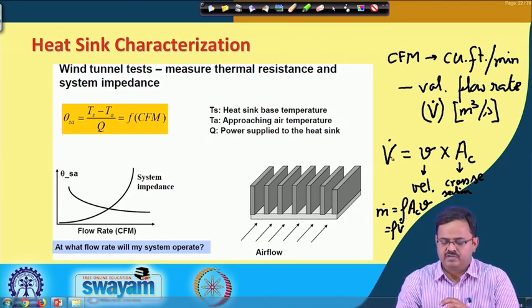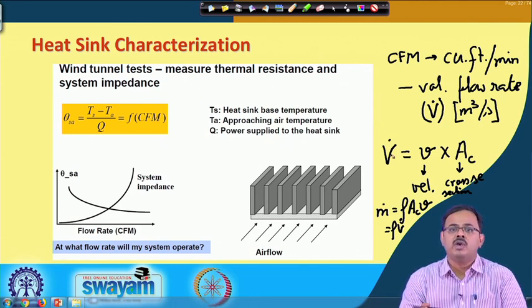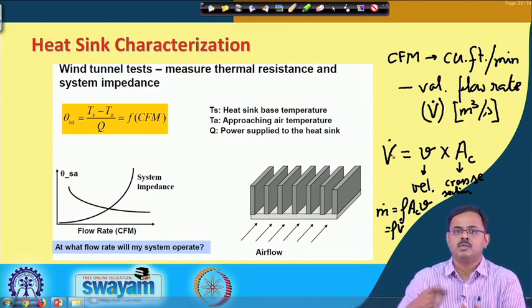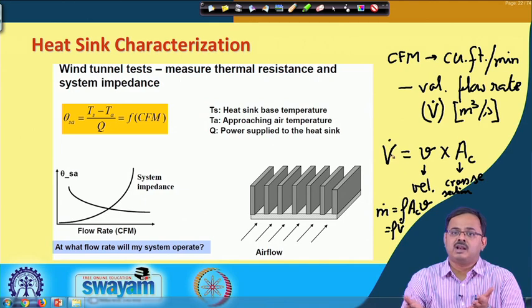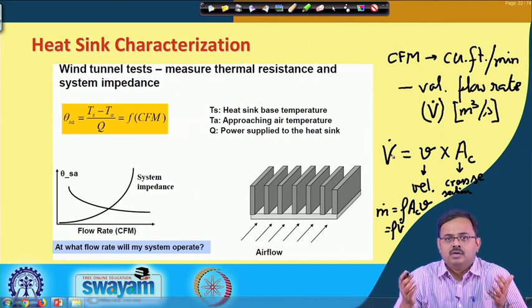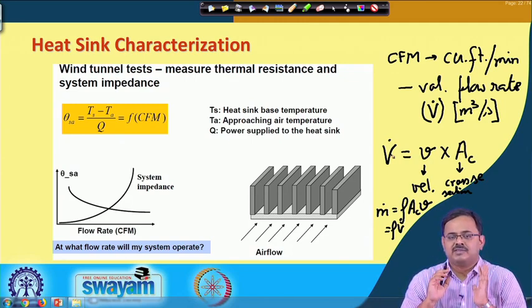So, this air flow rate, which is V dot, is going to determine the thermal resistance between the sink to ambient. If you have more air flowing through, the thermal resistance is going to be lower. If you have less airflow, thermal resistance will go up. And think of an extreme situation where you have no airflow, then thermal resistance is going to be high, because the only mode of cooling at that point, the convective mode of cooling, is going to be natural convection.